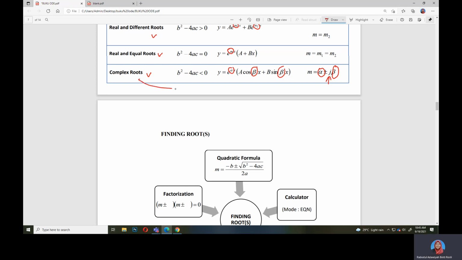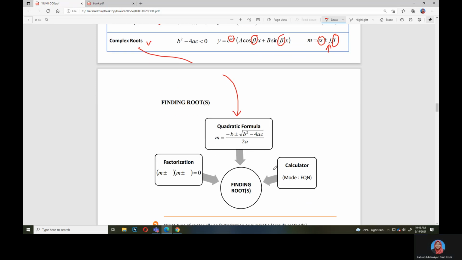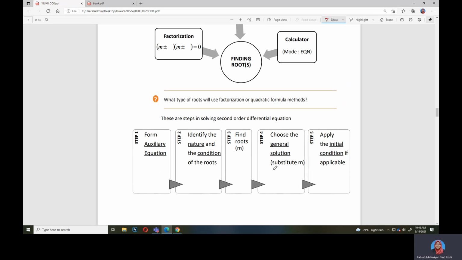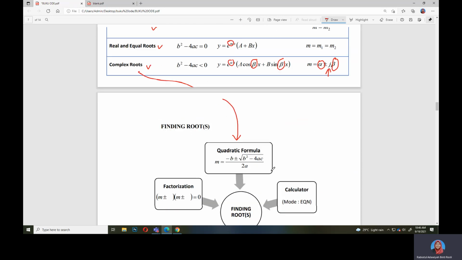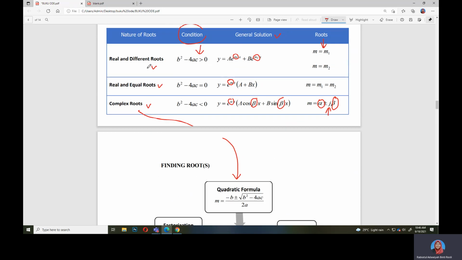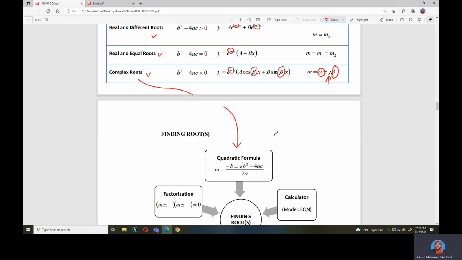For complex root you have to use the quadratic formula: negative b plus minus square root of b squared minus 4ac, divided by 2a.